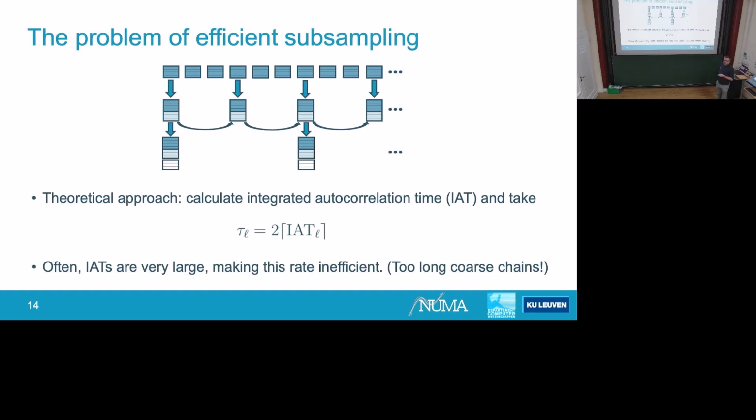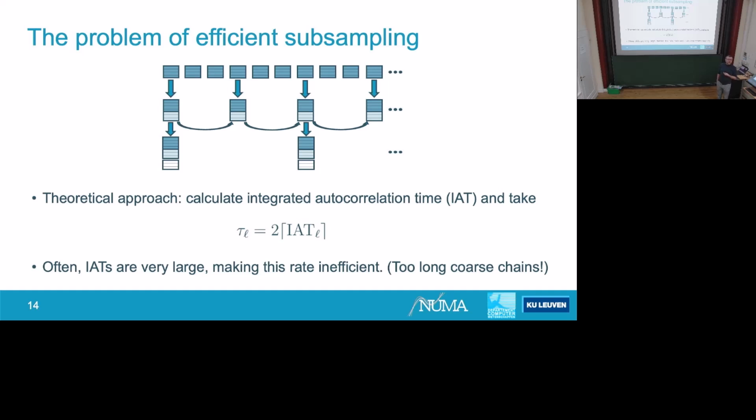So that means that if you know what your bias needs to be, you know what your finest level is. Based on the finest level, you have some error there, you know how many samples you need at the finest level, and you know how many samples you would need at the coarser levels, just by multiplying with this factor. Okay? If you do that, you get a certain number of coarse samples that you need.